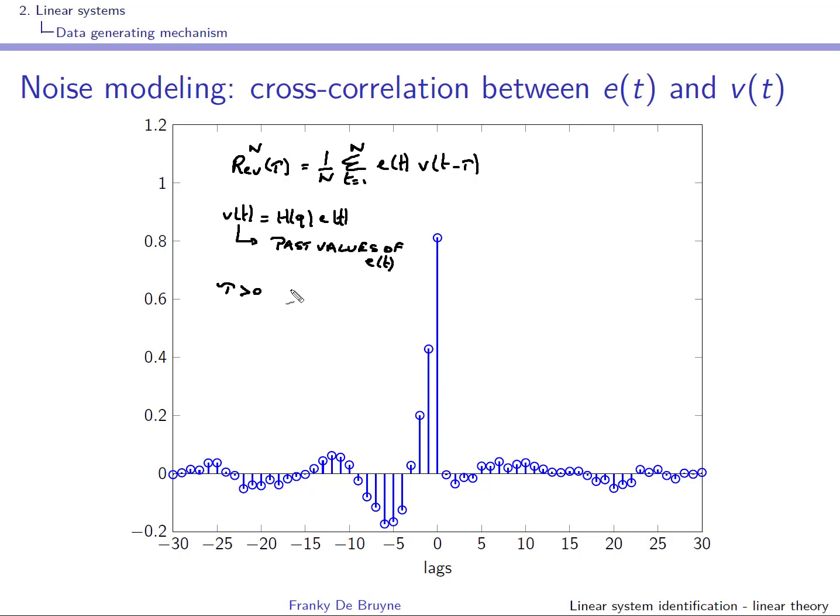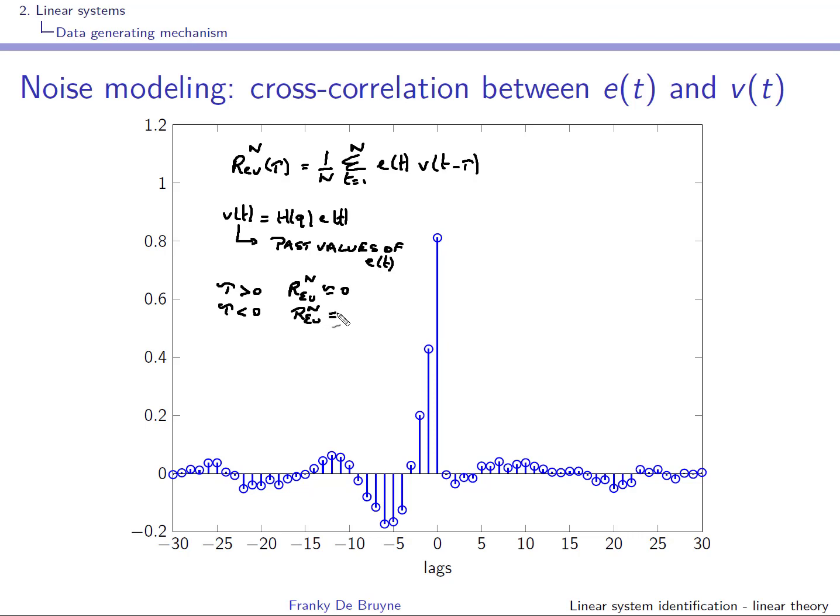So obviously this value of the cross-correlation will be approximately 0. And if you take tau equal to 0 or tau negative, since you're going to shift v of t now to the left, it will correspond to past values of e of t, so there will be some cross-correlation.